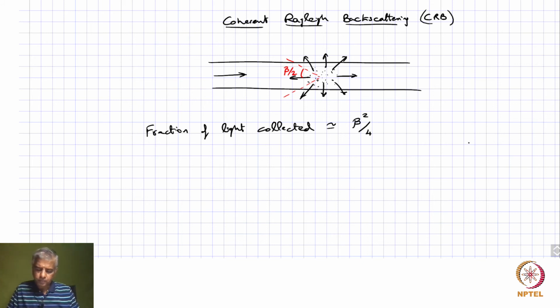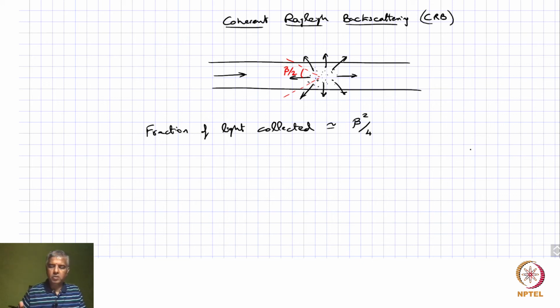Okay. So, for better confinement you want better contrast, but if you have higher contrast, then you have a larger value of beta, and so a larger numerical aperture. So, larger will be the amount of light that's collected from the backscattered light, right. So, that is the fraction of light collected.